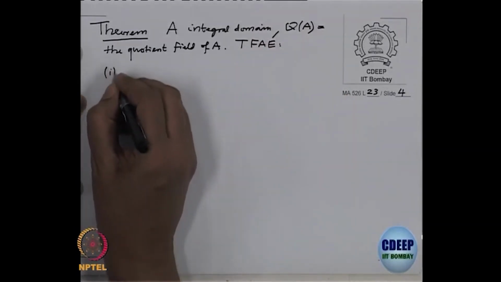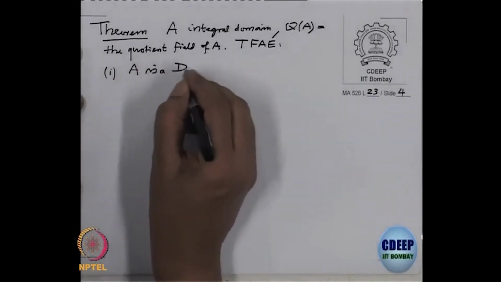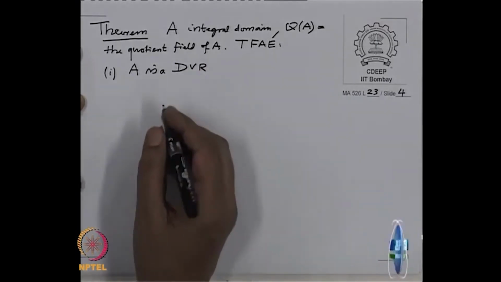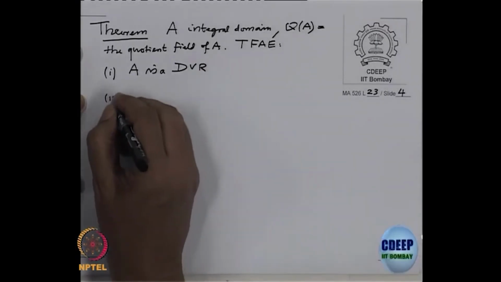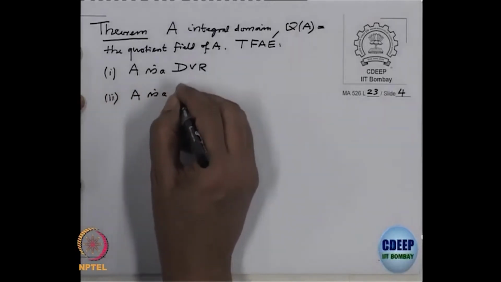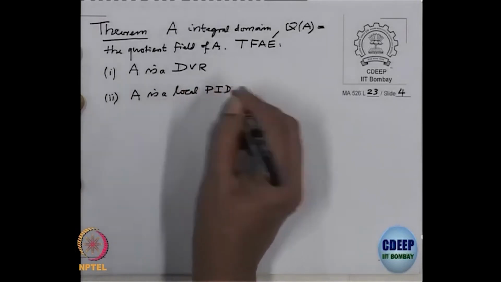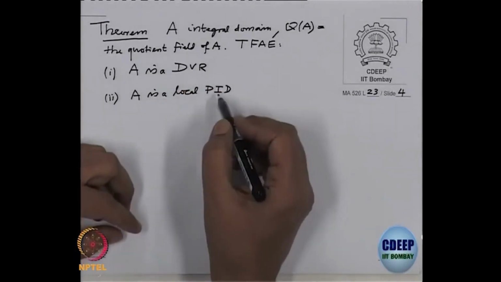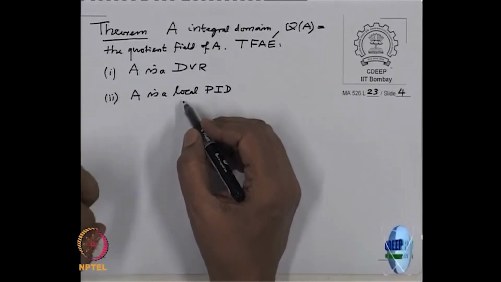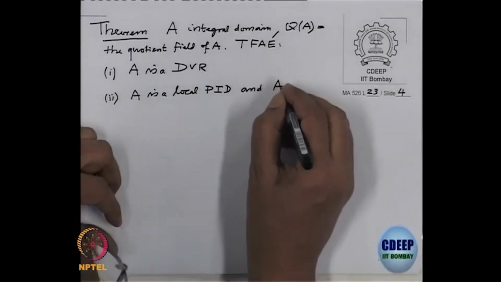One, A is a DVR. That means A is the valuation ring of some discrete valuation. Two, A is a local PID. PID means every ideal is principal, and local means there is only one maximal ideal, and of course one has to add that A is not a field.